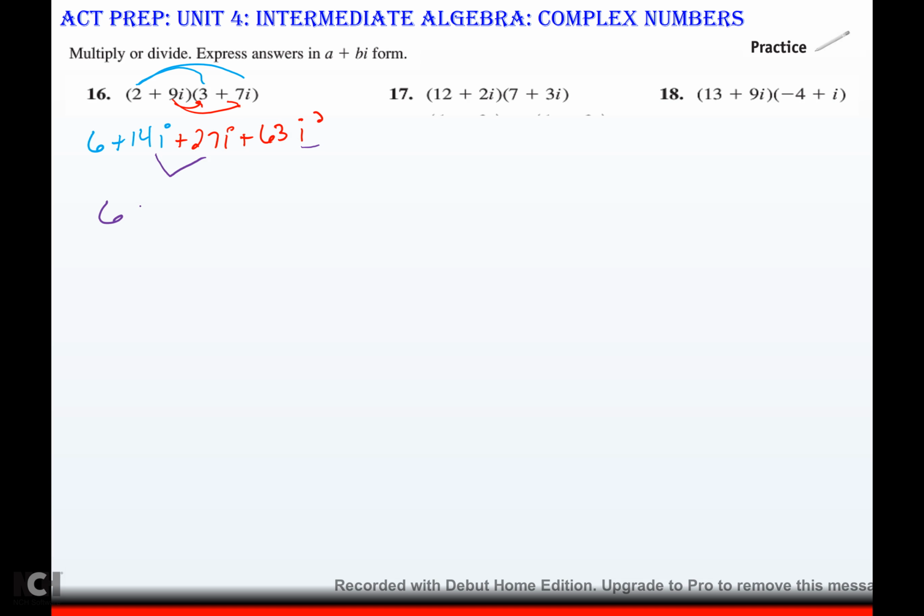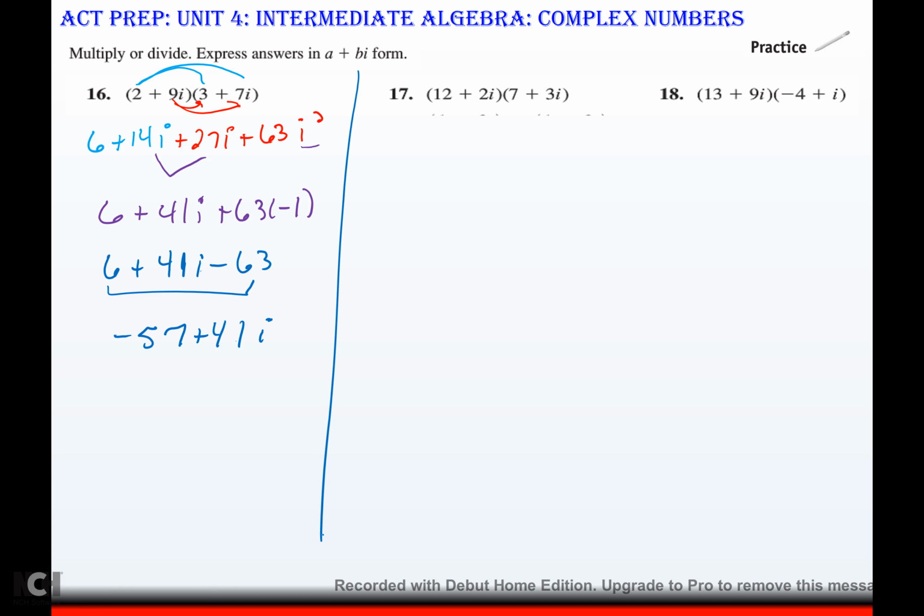I get 6 plus 41i plus 63 times negative 1. That gives me 6 plus 41i minus 63. Combine like terms and I get negative 57 plus 41i.